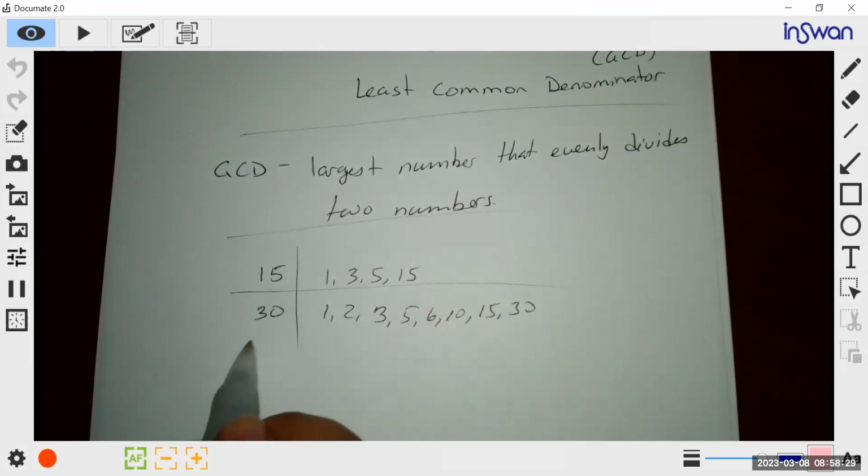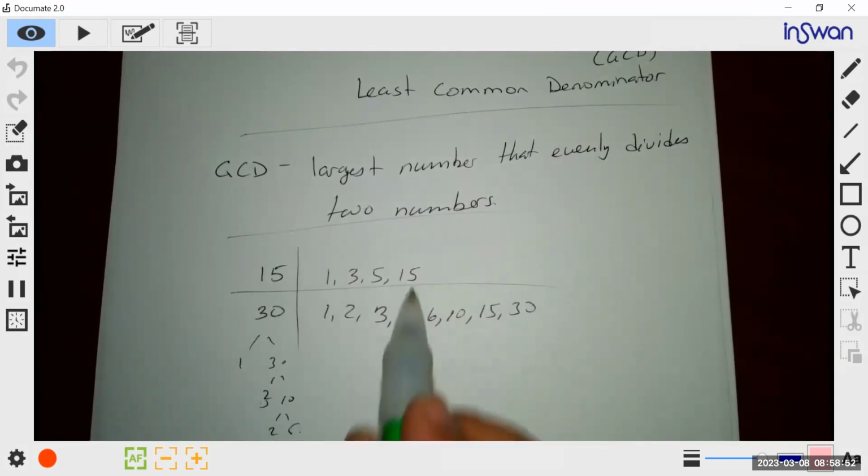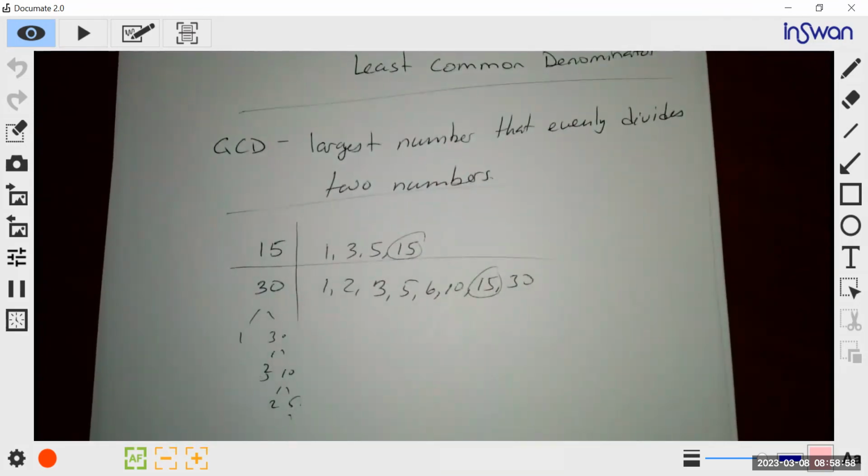We have to look at all of them. So 30 is made up of 1 times 30, 3 times 10, 2 times 15, 6 times 5, 15 times 2. So any combination of those. What's the greatest common divisor then? Does 15 go into 15? Yes. That's that one. So break them up into pieces and see what the largest one is.